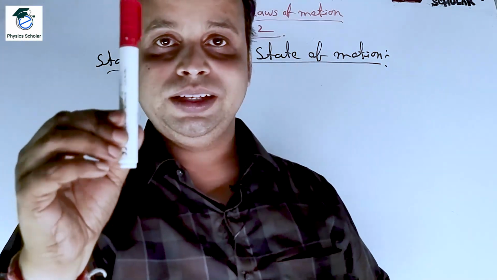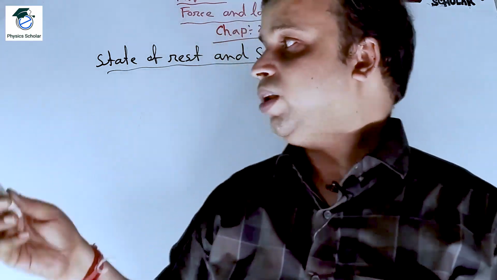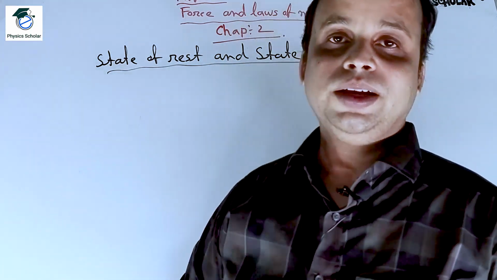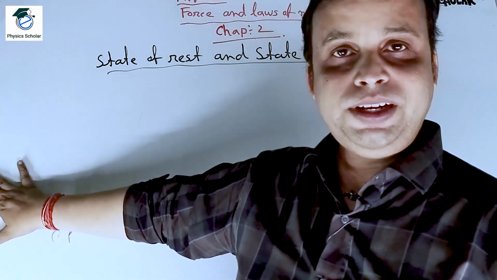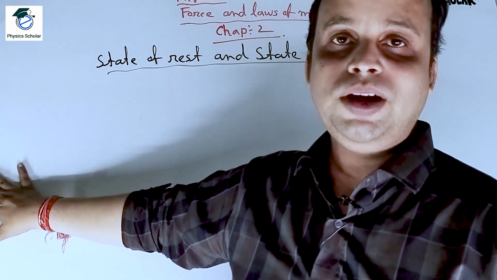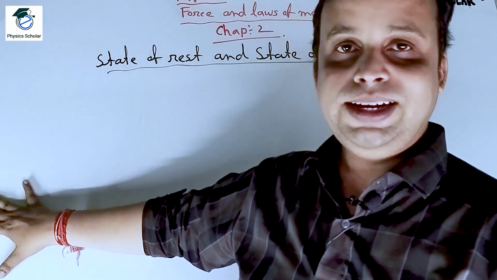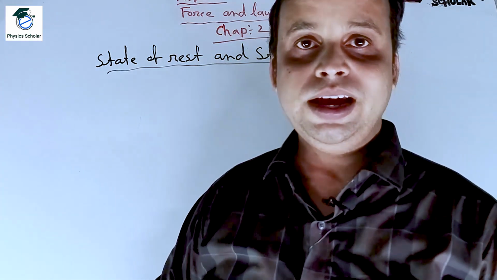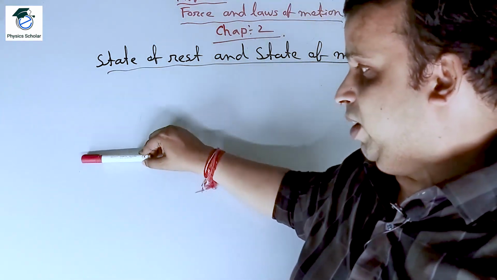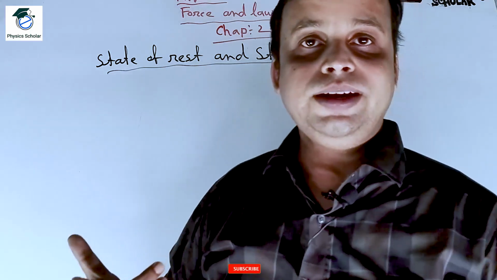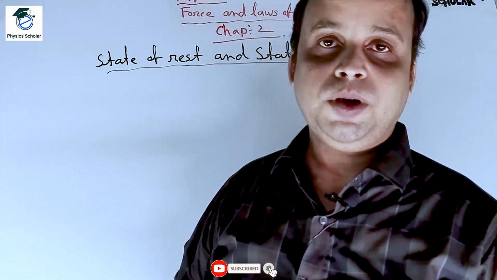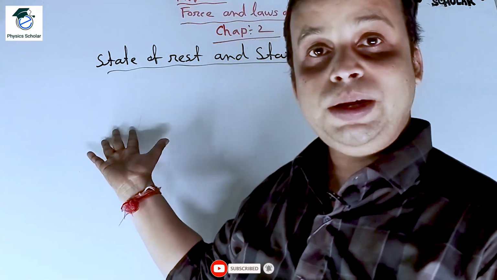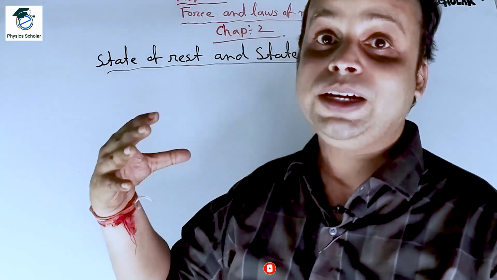Suppose this is the marker, or this is the whiteboard. If I keep this whiteboard over here, and no one is shifting the board from this place to another place, or if I keep the marker over here and no one is taking it, then it will remain in the same position with respect to its surroundings.